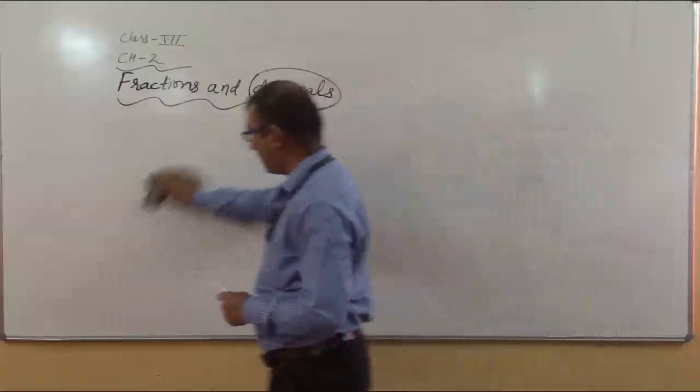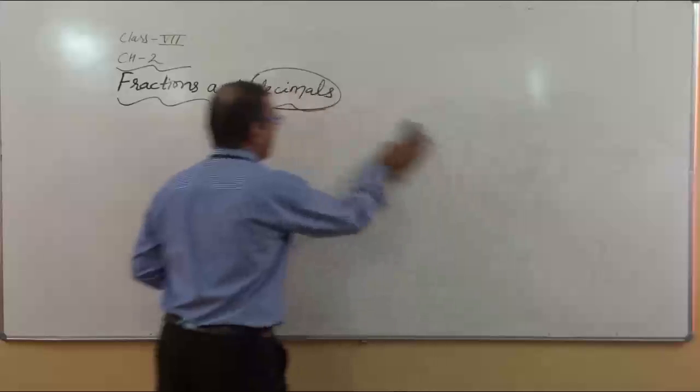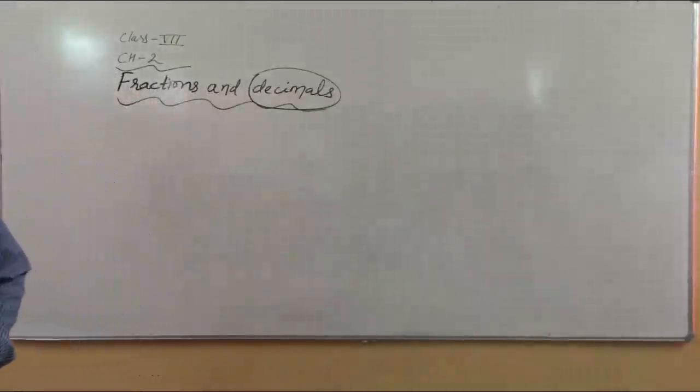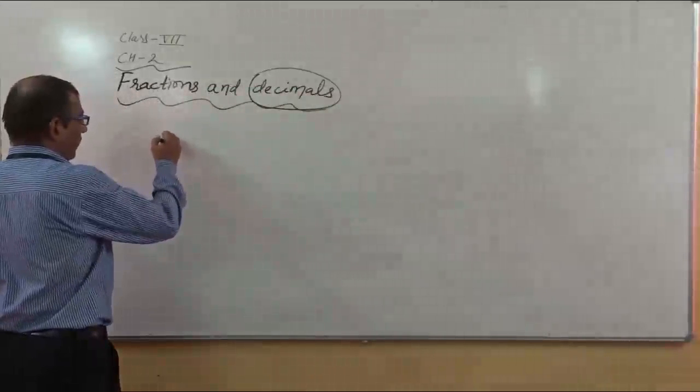Basically, this concept is related to how we can represent a number in the form of a decimal. We are saying 5 point. Here point means decimals. So I am making one table so that it will be more clear to all of you.